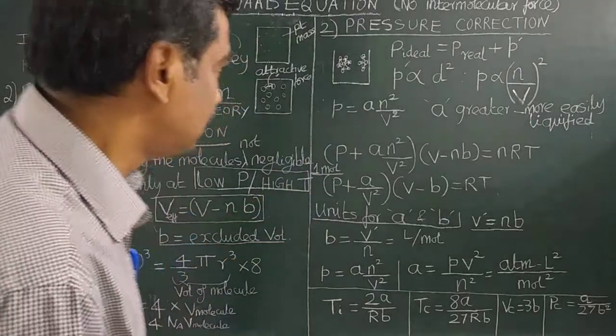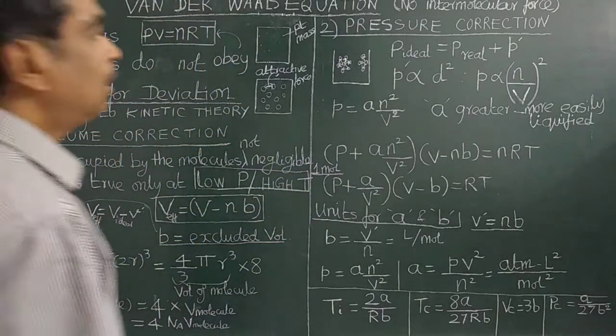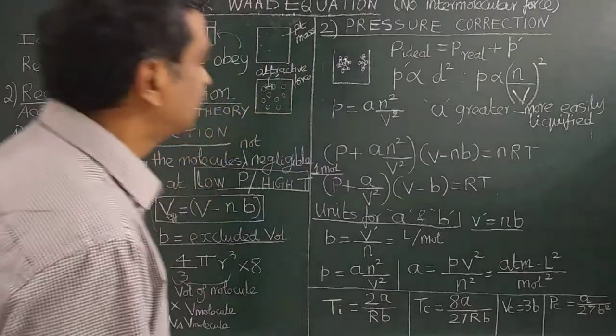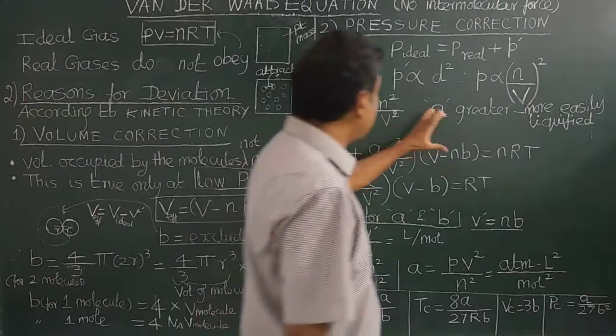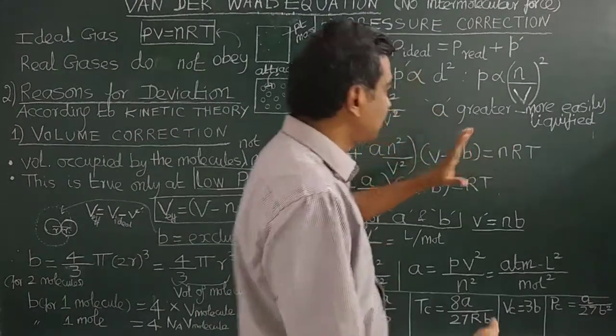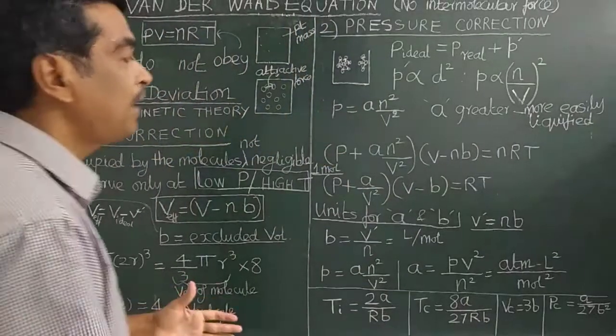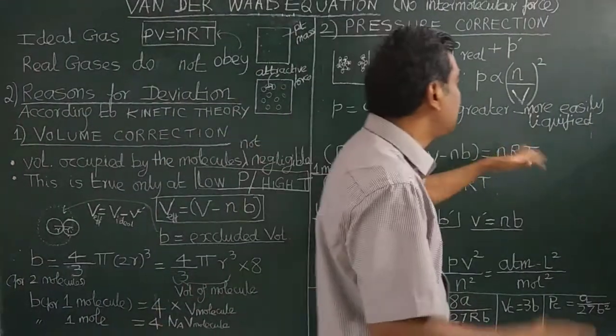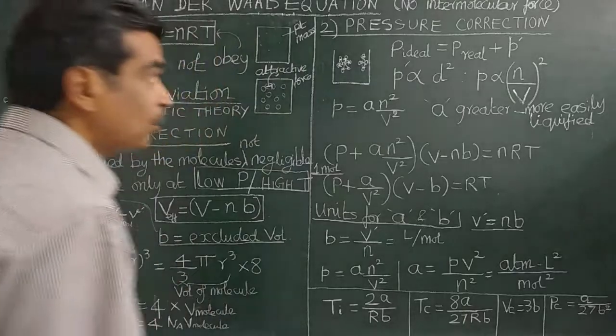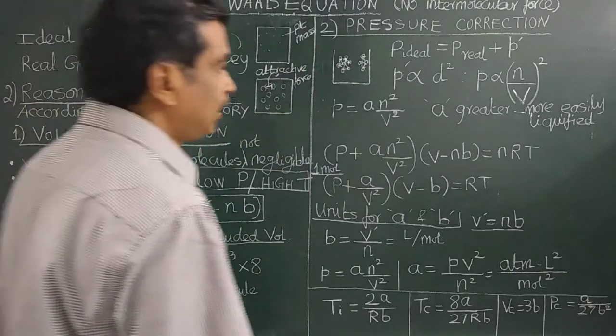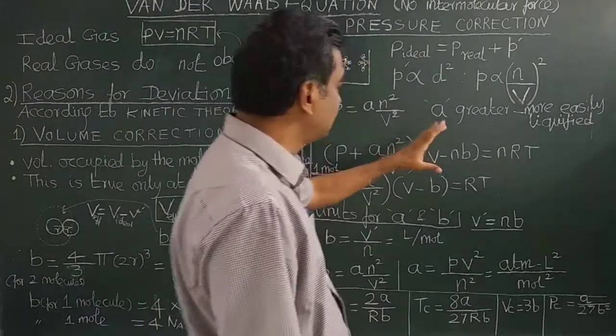They are very useful because we will see their significance. What is the significance of a? If the a value of a gas is greater, then it will be more easily liquefied. Remember, it will be asked in various competitive examinations.